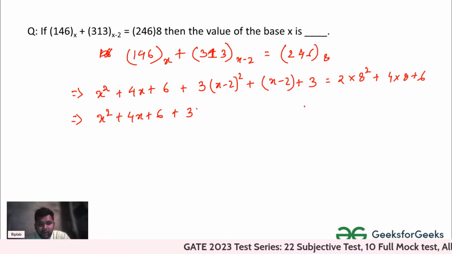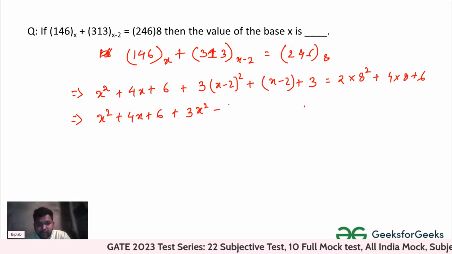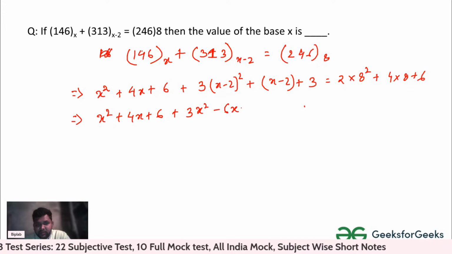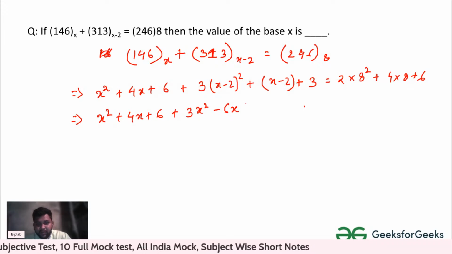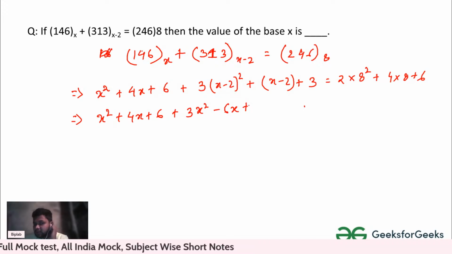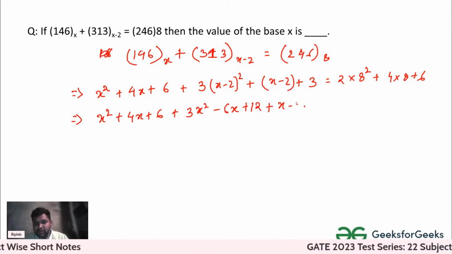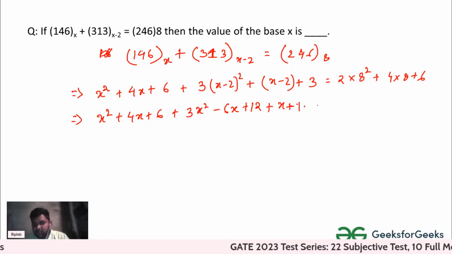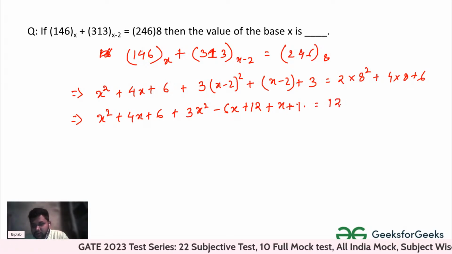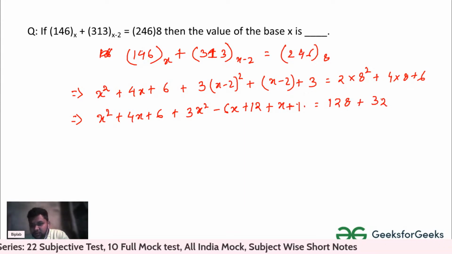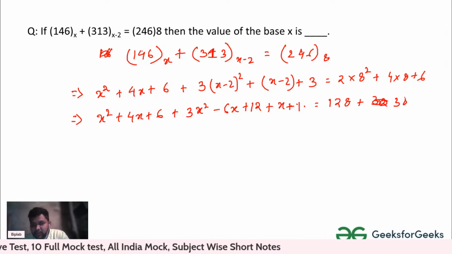So do one thing here: 2x and this will be 6x, plus 4, 3 fours are 12, plus x minus 2 plus 3, which is plus 1. On the right, 2 into 64 is 128, plus 32, plus 6, which is 38.